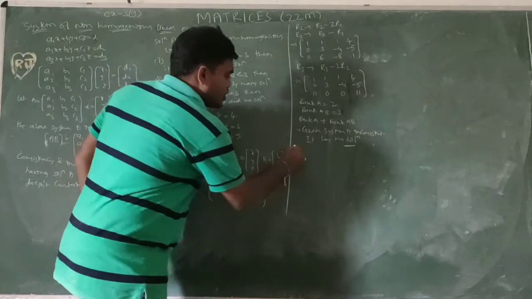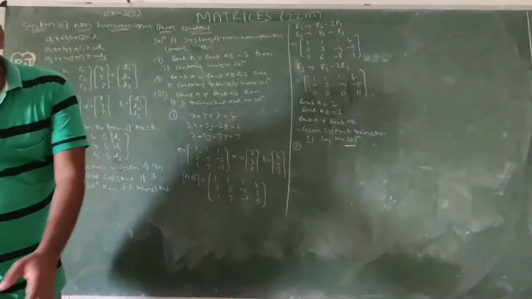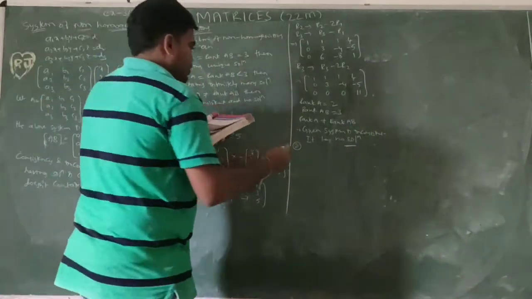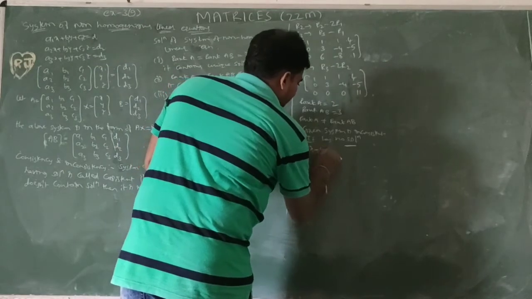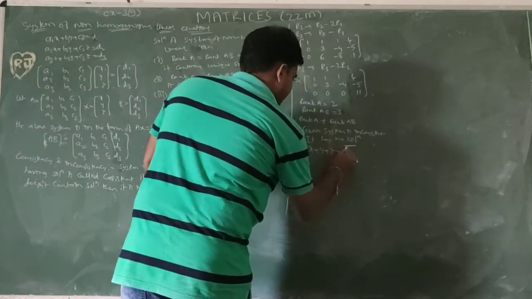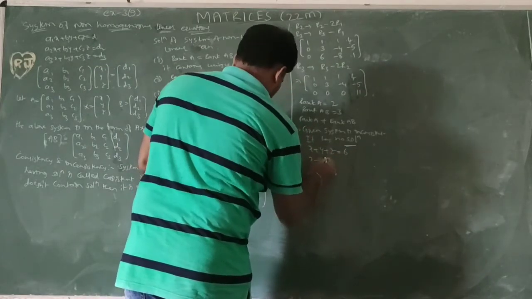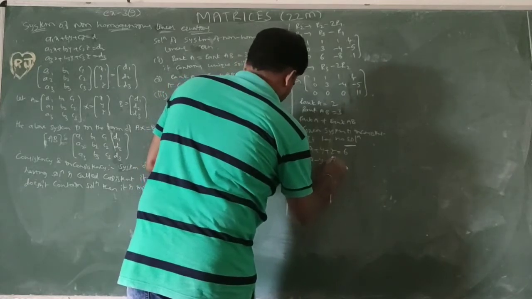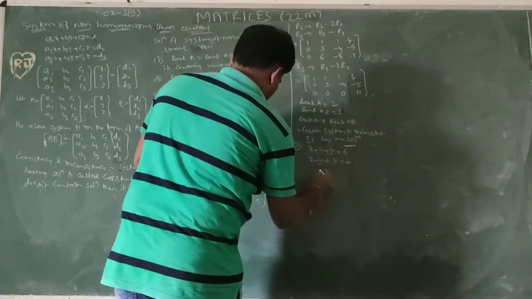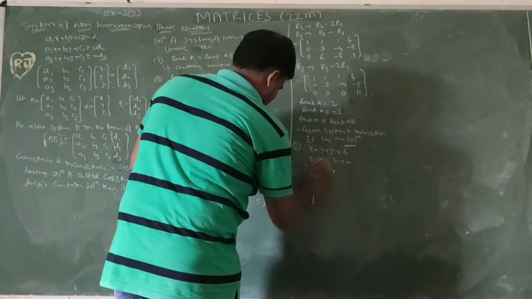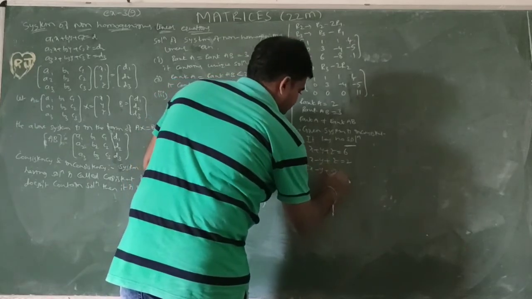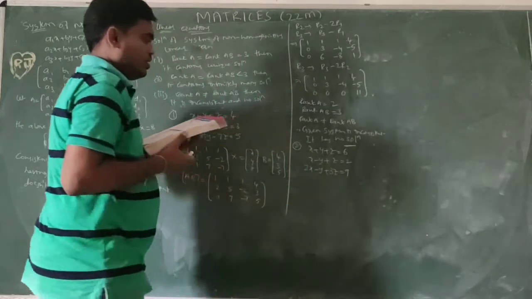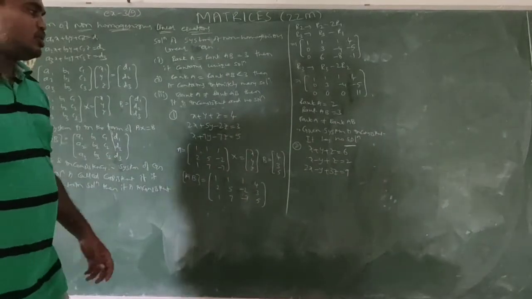Okay, next, question number 2. The second question is x plus y plus z equal to 6, x minus y plus z equal to 2, 2x minus y plus 3z equal to 9. So we need to find the solution.